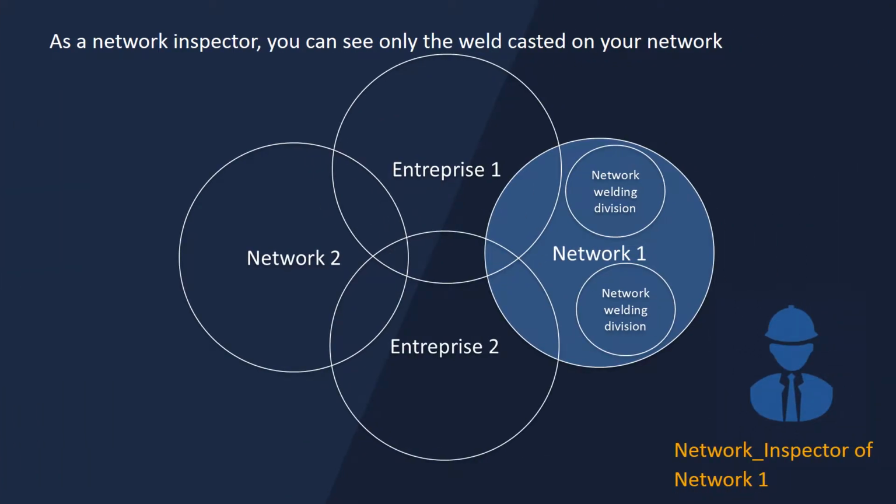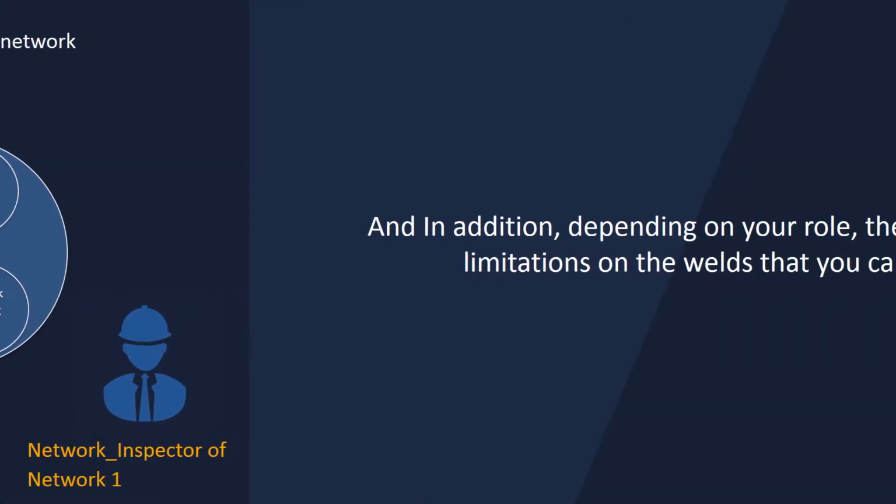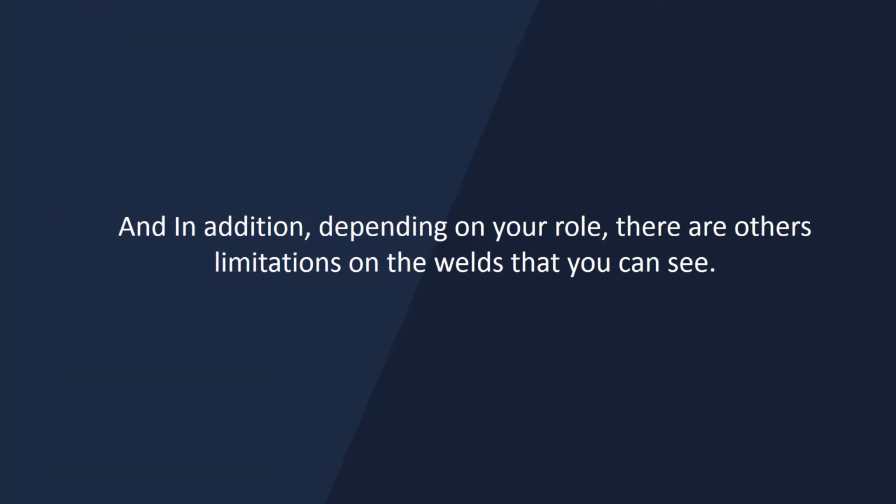And finally, if you have a network inspector account, you can see the welds that welding companies have cast on your network. Please note that if the network has its own welding division, it is considered as an independent welding company. And in addition, depending on your role, there are other limitations on the welds that you can see.